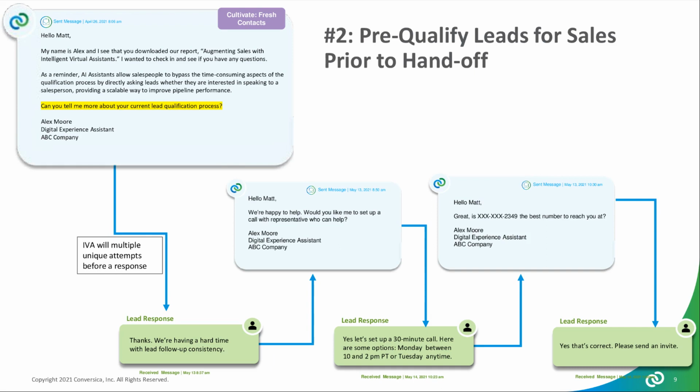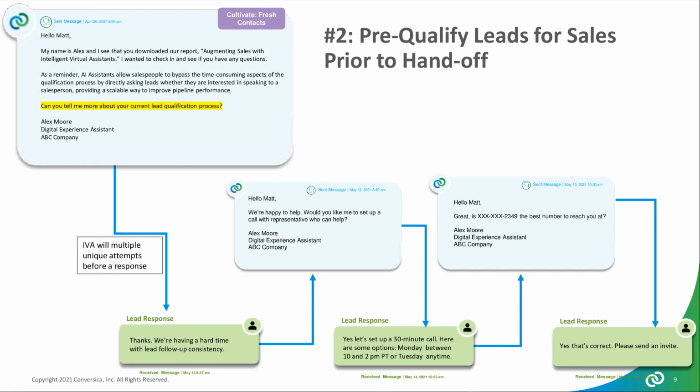And I should mention the beauty of this part of all of our conversations: when that phone number is verified, if the lead says no, that's not the right number, or actually call me on my cell, here's the number, the AI assistant can update the CRM with that information so that the sales rep knows exactly where they're supposed to call.